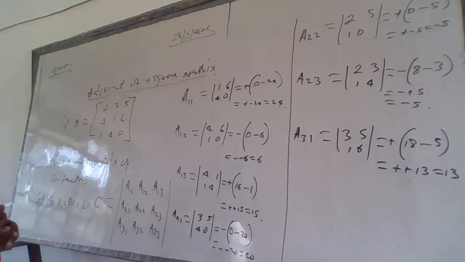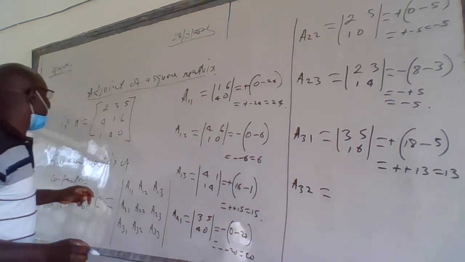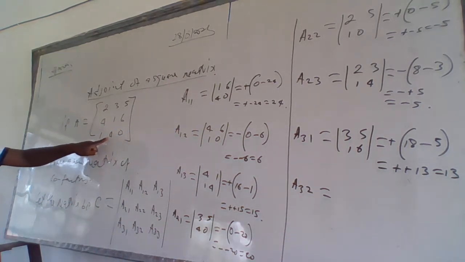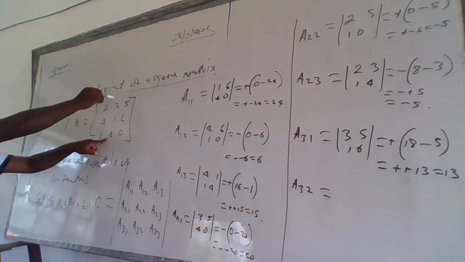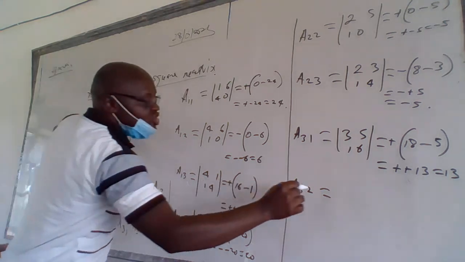Move on to A32. A32 is element 4. Element 4, we shall plug that column and plug that, so we have 2546.